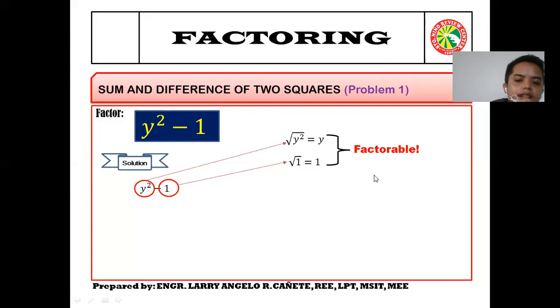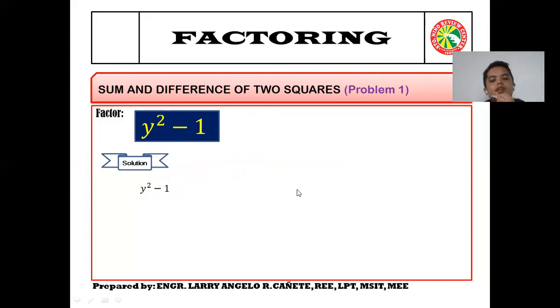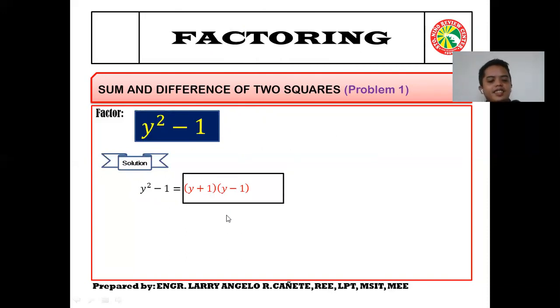That is the requirement to check if it is factorable. So therefore, the result is y plus 1 and y minus 1. That is your final answer.